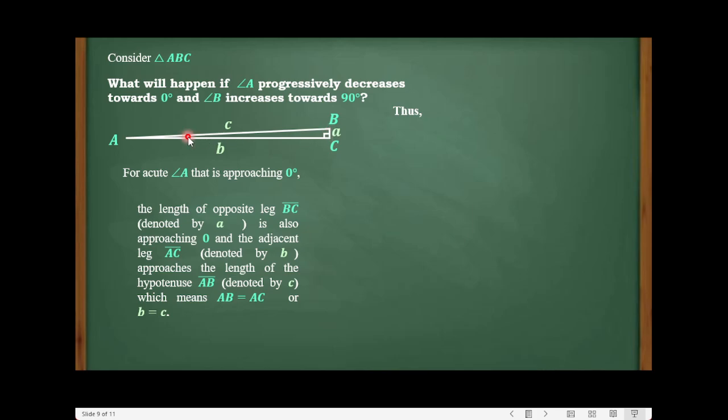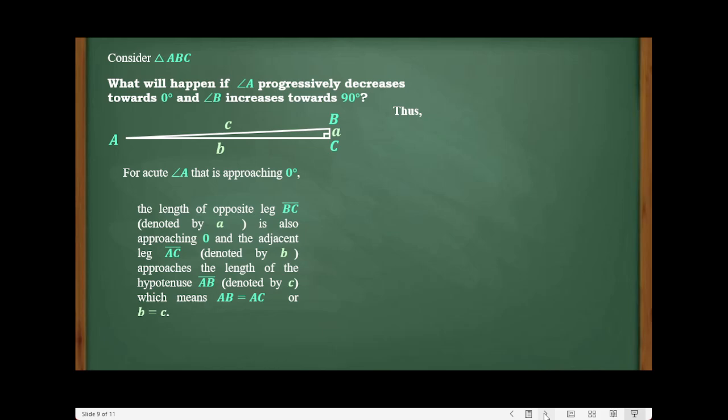Now, if this opening approaches 0, you can also see that the opposite side is also approaching 0. And you will notice that the adjacent leg is also approaching the length of the hypotenuse, which means there will come a time that this side will be as long as the hypotenuse. It means AB or AC becomes equal to AB. Okay? Or side small letter B will be equal to side small letter C.